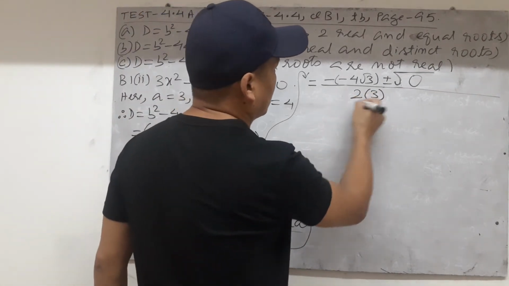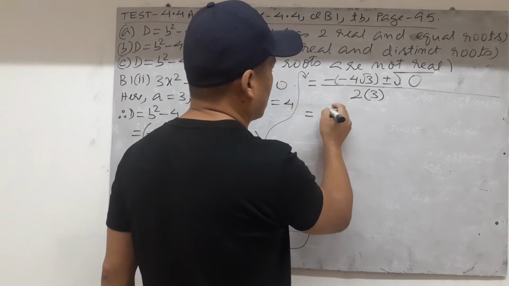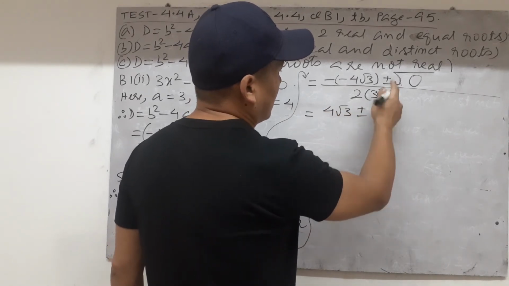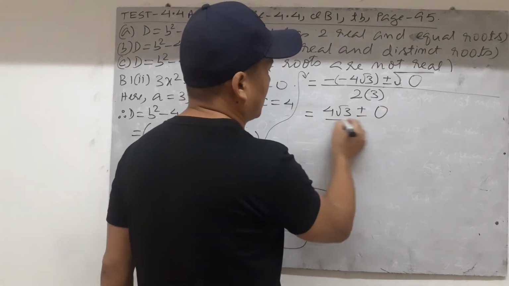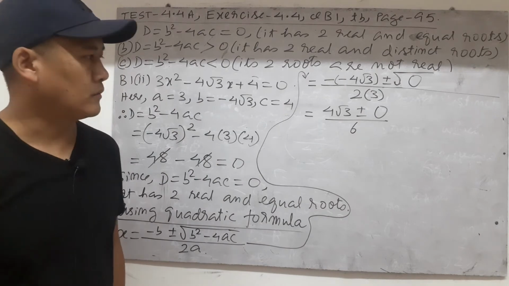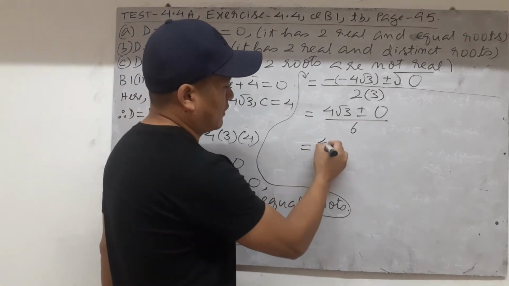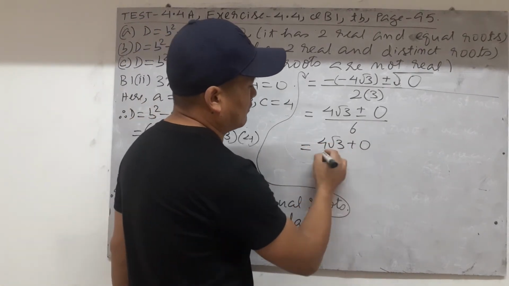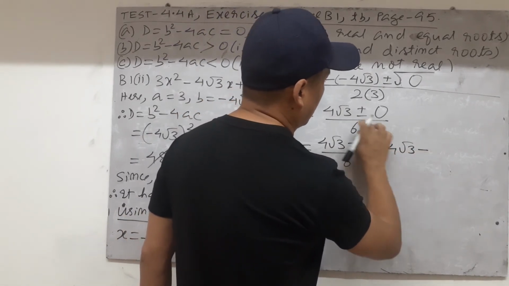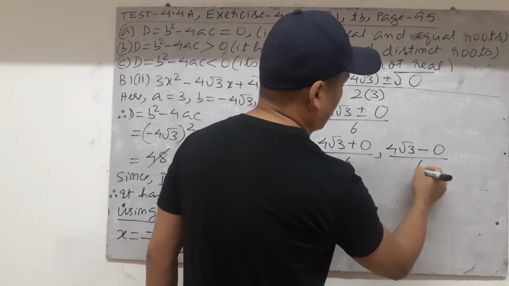So write it down. Here we're going to get minus, and the minus is plus 4 root 3, plus minus root over 0, which means 0, divided by 2 threes are 6. Right, 2 threes are 6. So our first answer is 4 root 3 plus 0 by 6, comma, the next is 4 root 3 minus 0 by 6.